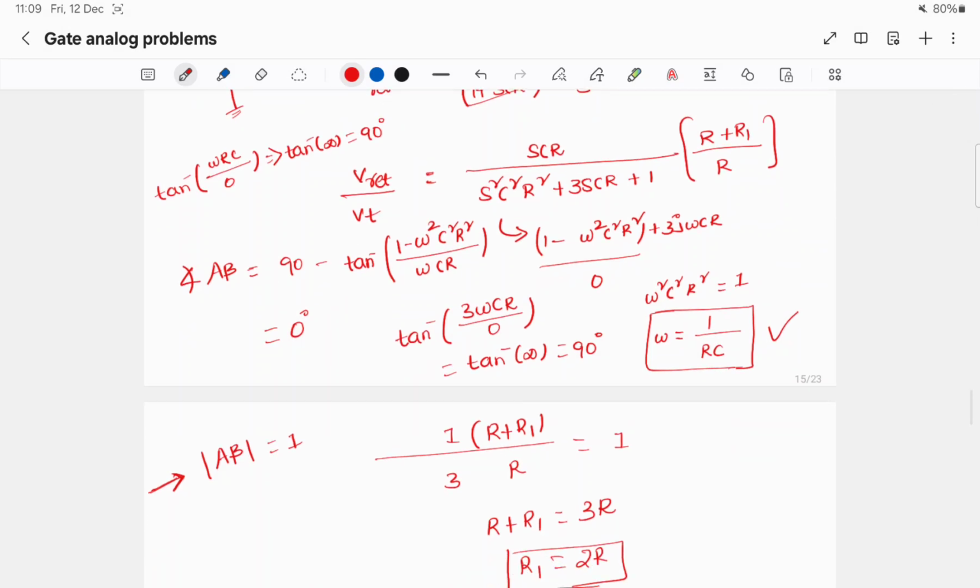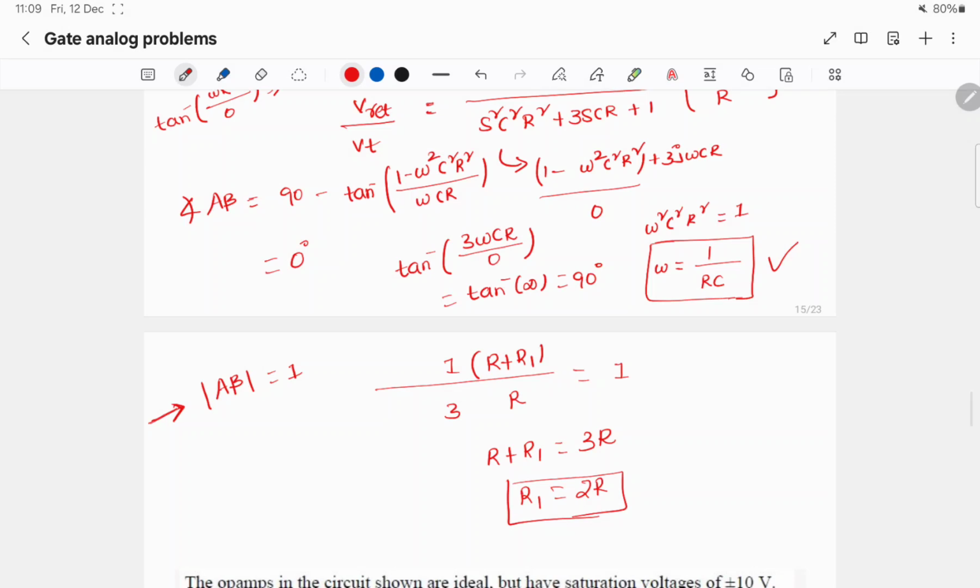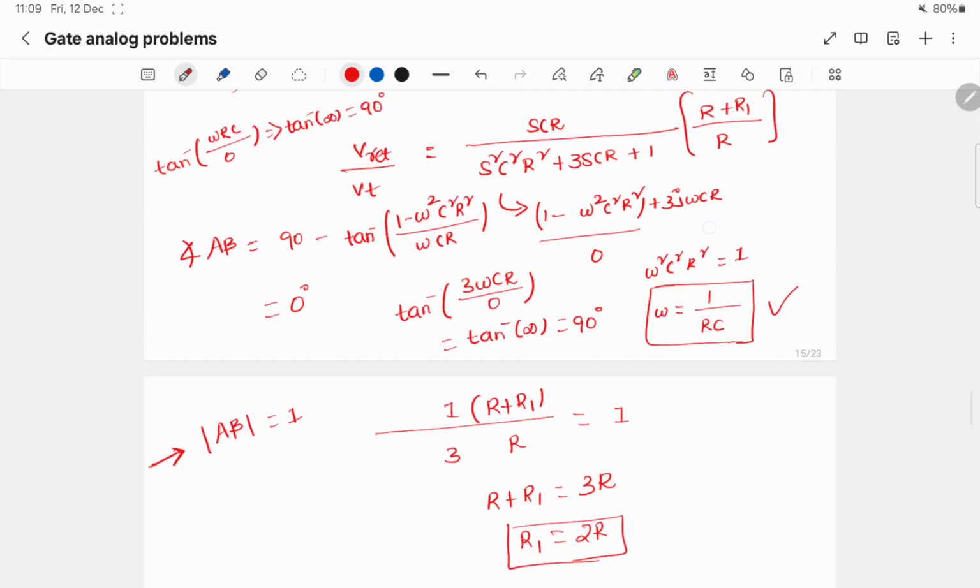So if we put omega equals 1 by RC, the magnitude of this part will be 1. This will be R into R plus R1, and here this part is 0, so only this term will remain, 3 will remain, and this R will remain.